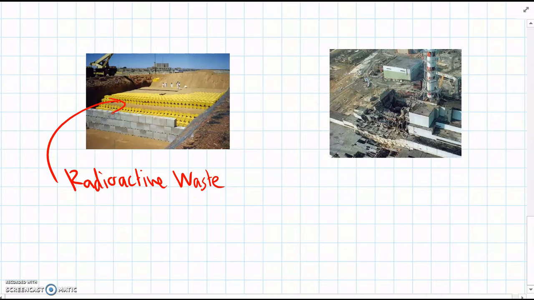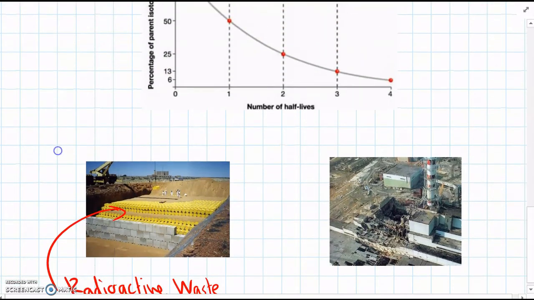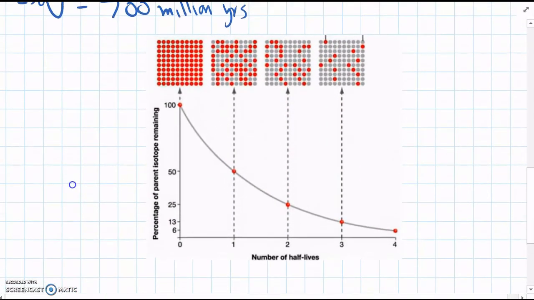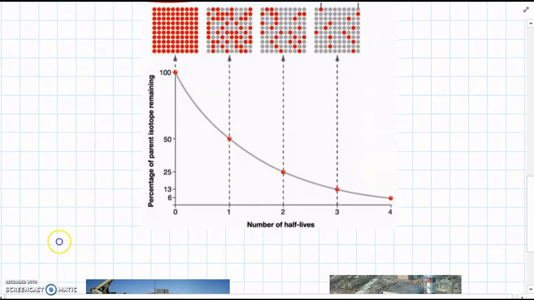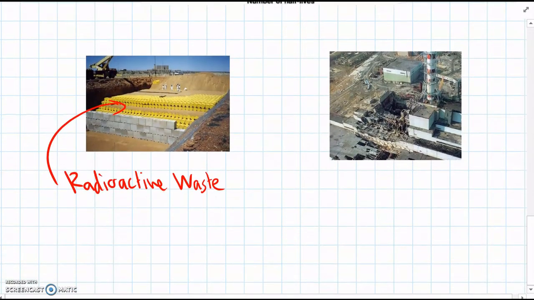So often, particularly when we use uranium to make power in nuclear plants, we have a lot of radioactive waste, and that uranium is still radioactive. And remember, uranium's half-life is 700 million years. So we are producing barrels and barrels of uranium waste, and that's not going to break down for billions of years. So we need to be really careful where we dispose of it.